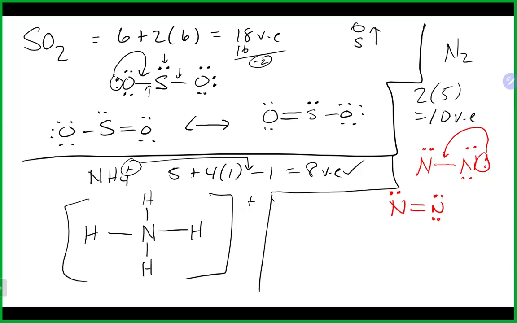Did that fix the problem in this case for our nitrogen on the left? It did not. It got us closer. We now have 6 on the left and 8 on the right. At this point, there is no other place we can make a double bond. So now we need to go to the next step, which is a triple bond. We do a triple bond the exact same way we do a double bond. We're going to take a pair of electrons and bring it in.